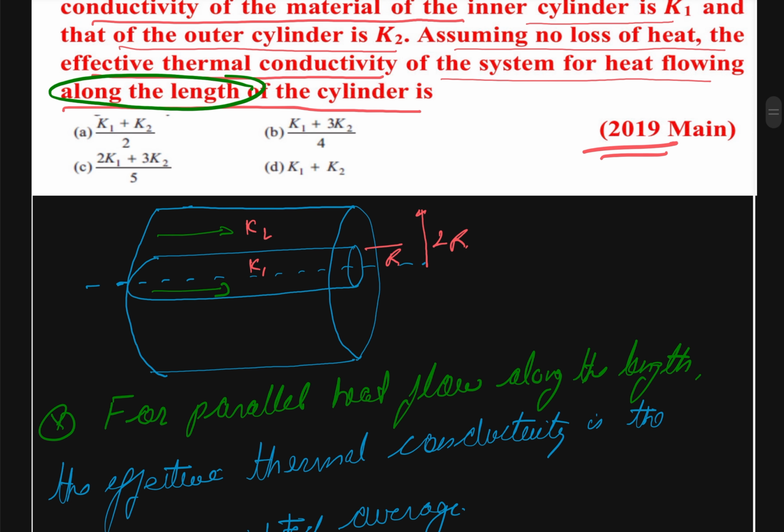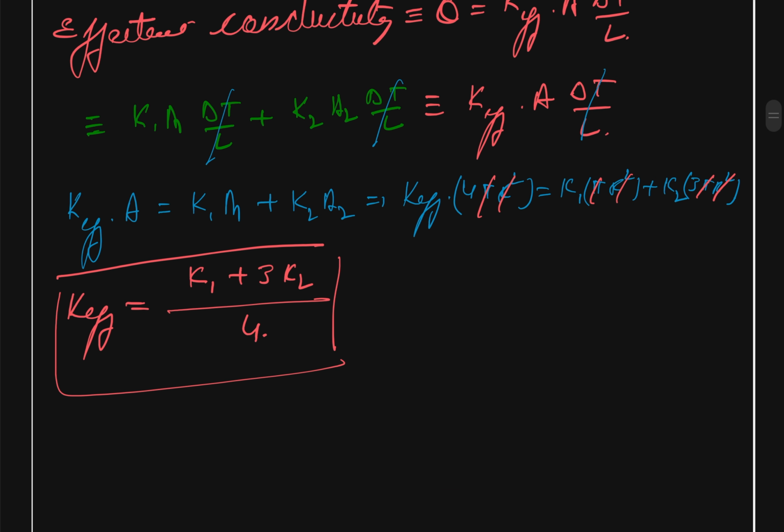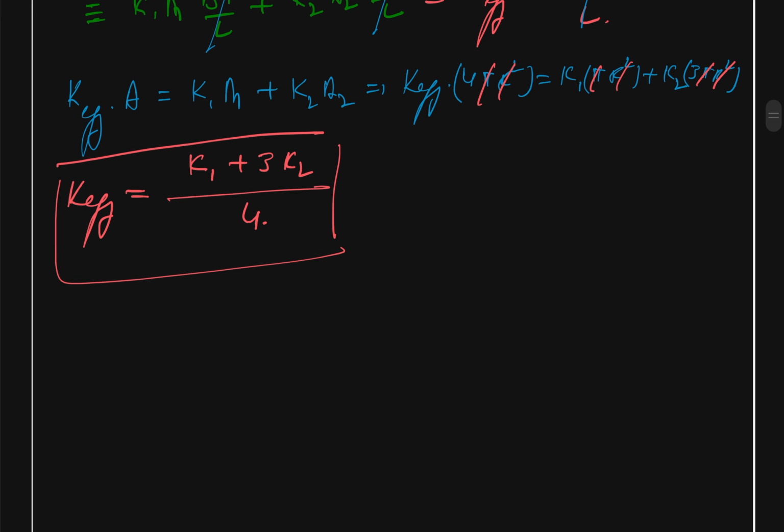K1 plus 3 K2 upon 4, option number B is correct.